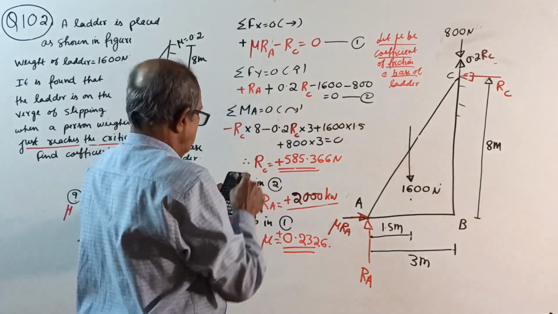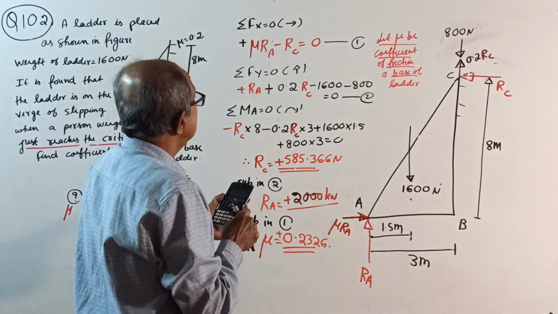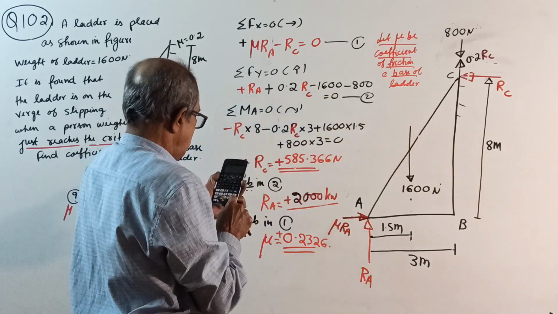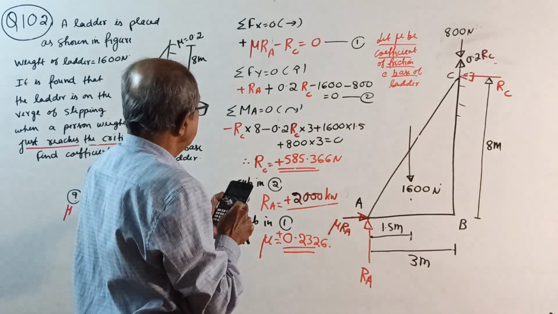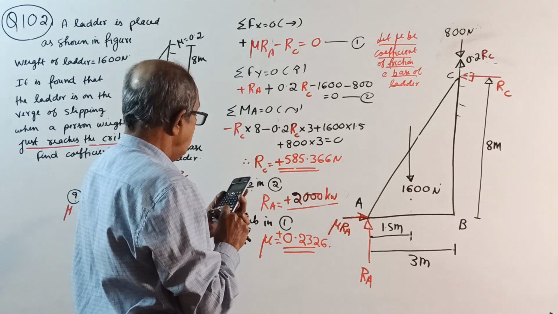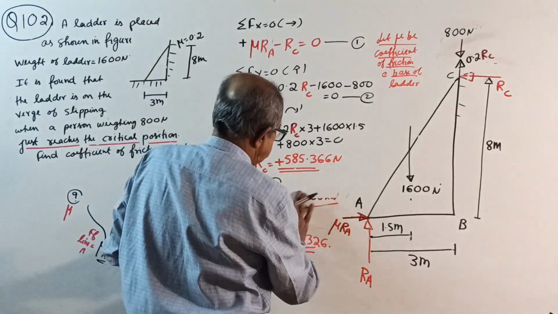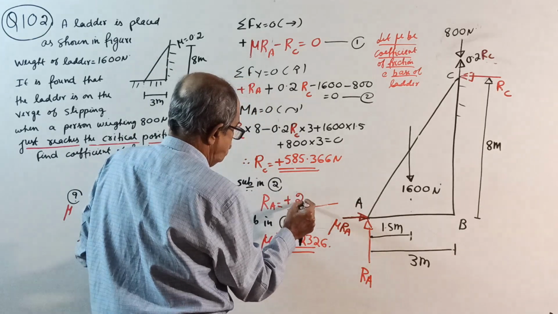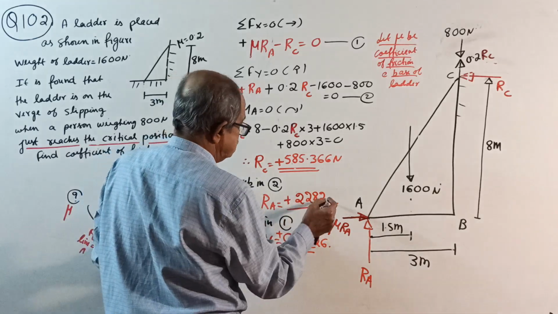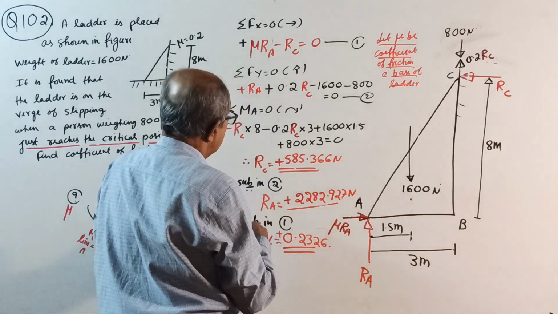I forgot this number. 1600 plus 800, that is positive, minus 0.2 into RC. RC is 585.366, and that is RA: 2282.927 Newton. Okay.